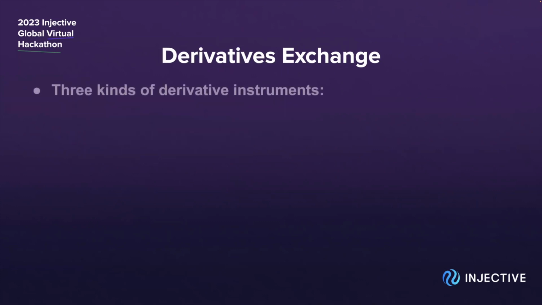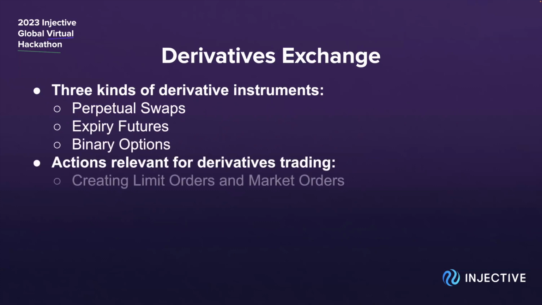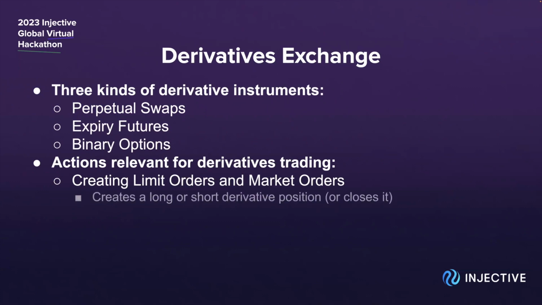For derivatives, there are first of all 3 kinds of derivative instruments supported on Injective. These include perpetual swaps, expiry futures, and binary options. The relevant actions for derivatives trading are, like before, creating limit orders and also market orders. Upon getting filled, this creates a long or short derivative position.